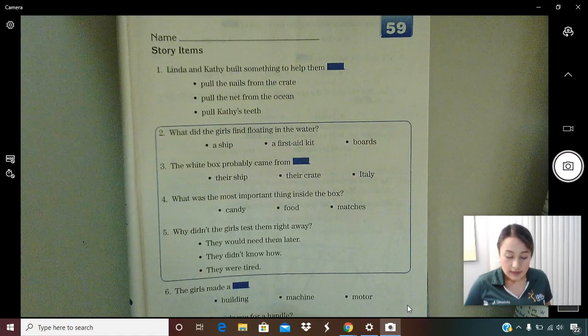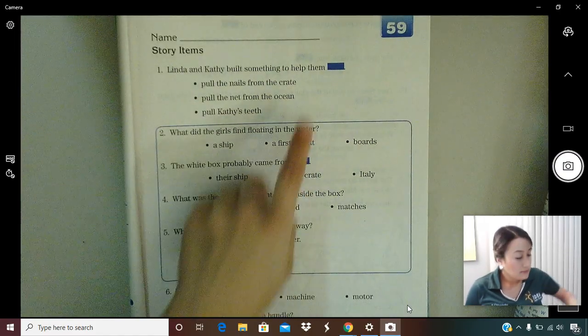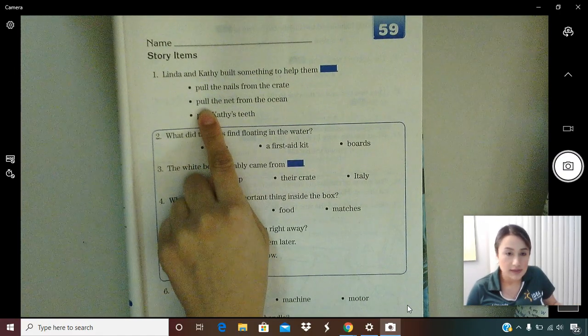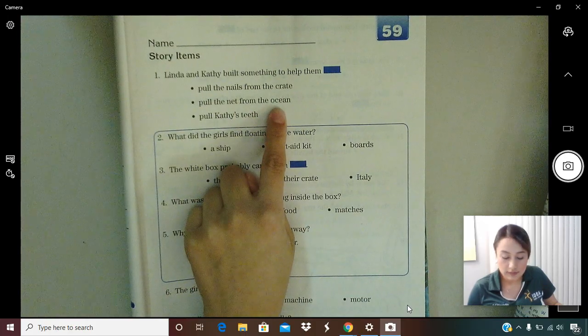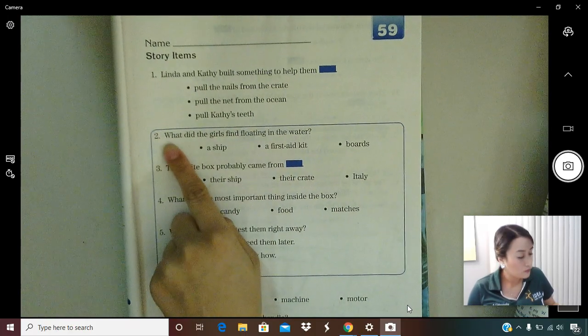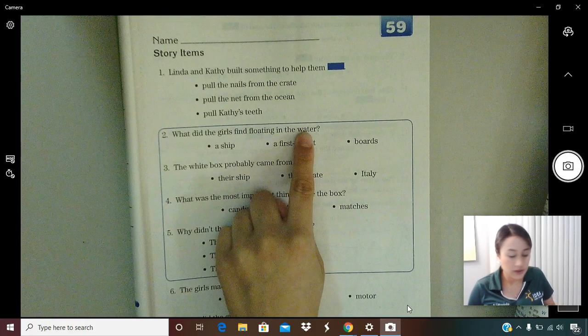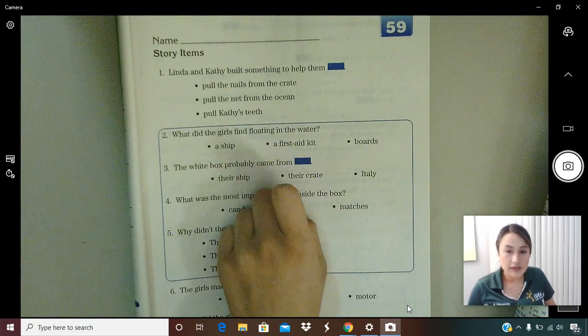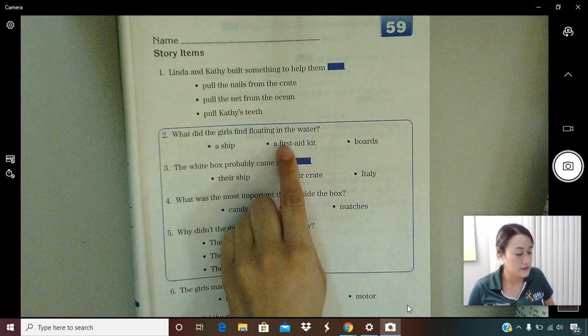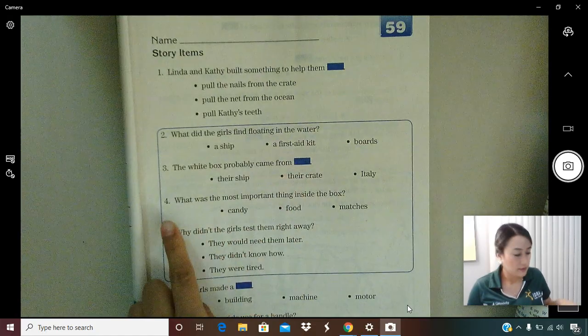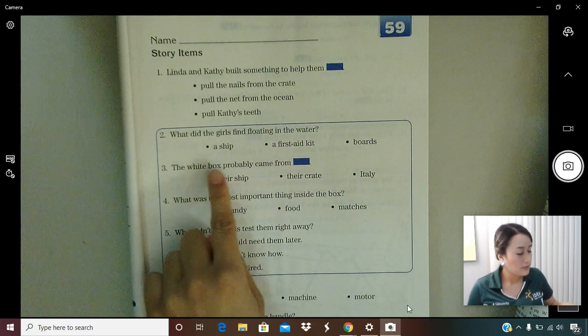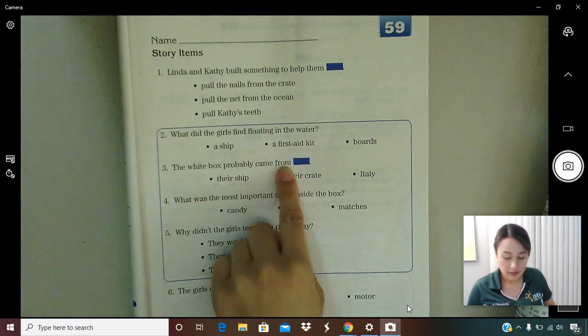Linda and Kathy built something to help them. Your answer is pull the net from the ocean. Number 2, what did the girls find floating in the water? Your answer is a first aid kit. Number 3, the white box probably came from?